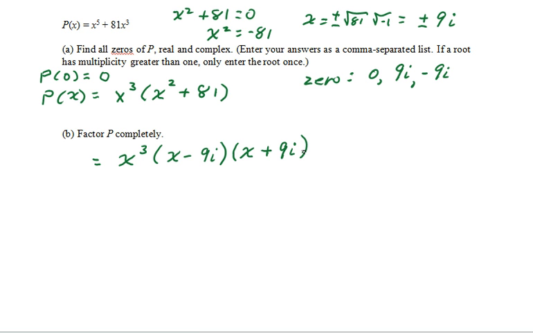And so this is factored completely. We can see that 0 is a 0 of multiplicity 3, and 9i and negative 9i each have multiplicity 1. There are actually 5 linear factors here for the 5th degree polynomial. So let's go on to the next example.